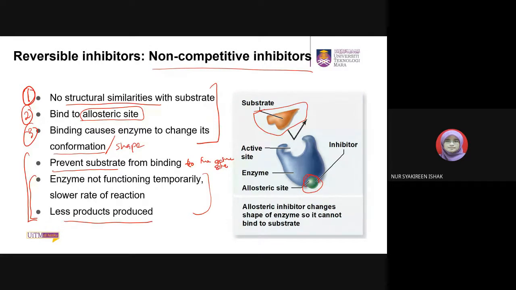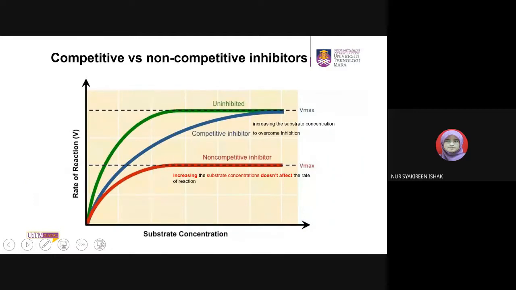Okay, so allosteric inhibitors change the shape of the enzyme so it cannot bind to the substrate. Okay, so this is a graph. As you can see from this graph, it shows you it has a combination of 3 graphs actually. So if you look at the graph here, the green graph, the green line here, it shows you a normal reaction without the presence of any inhibitors.